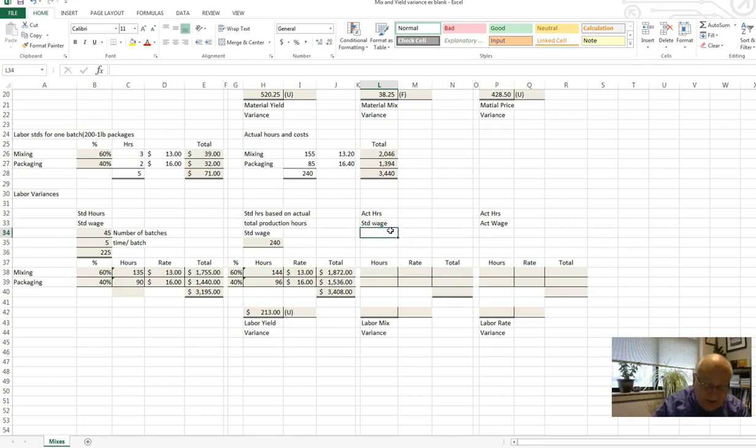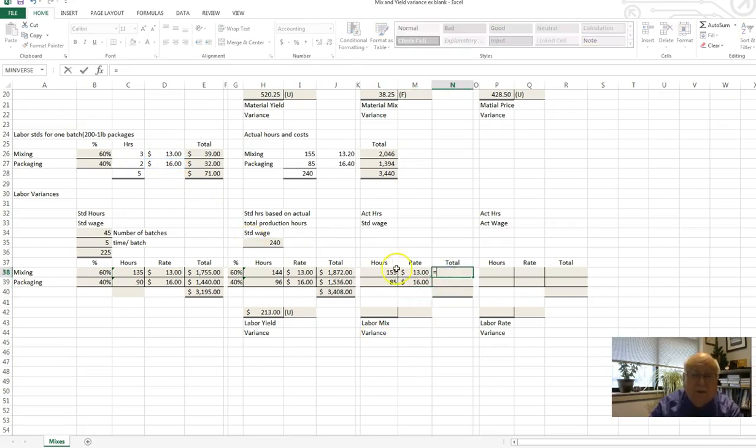Actual hours used is 240. Oh no, that's 240, but this is the actual breakdown, sorry, equal the 155 and 85. Standard rates was 13 and 16. Okay.